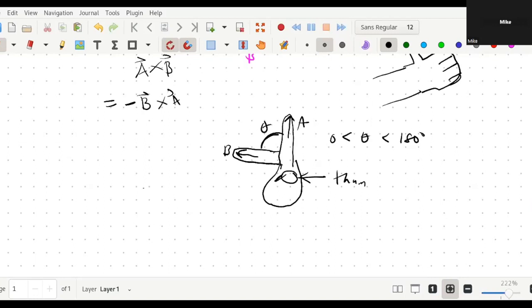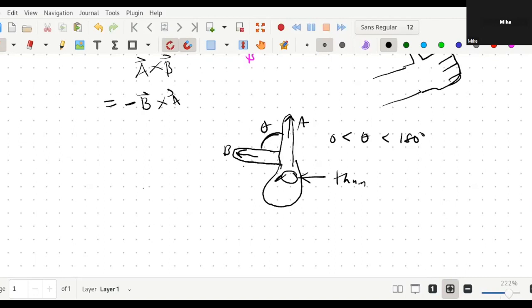Think of the two fingers as being on the plane on which A and B lie. The thumb gives you the vector perpendicular to that plane. So A cross B is always perpendicular to A and B, and the correct direction is given by the right hand rule, or the thumb, pointing finger, middle finger rule.